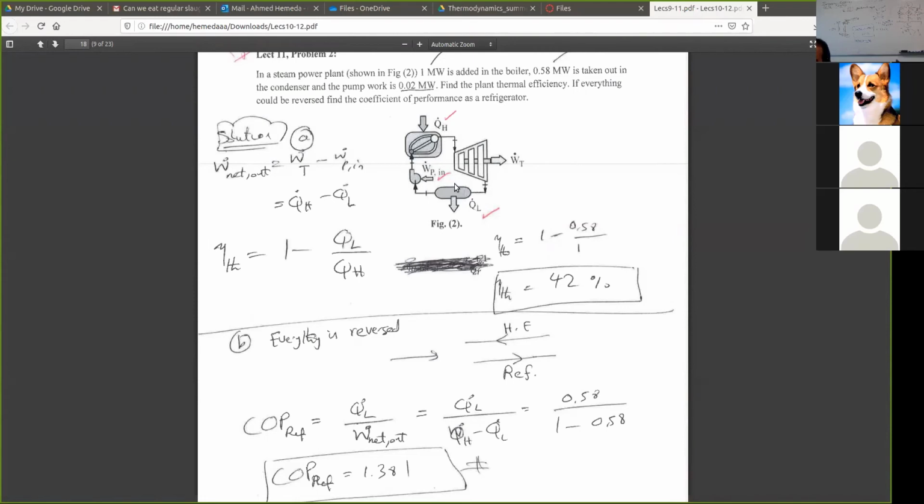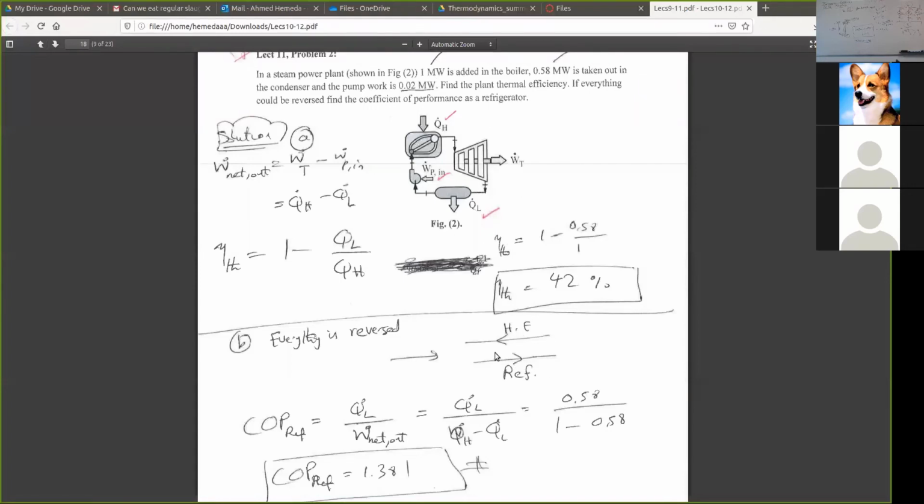So I took heat and dumped it out. Everything is reversed. The work is going in, the Q low is coming in, and the Q high is going out. So still, this plus this equals this, but everything is reversed. This arrow is inward. Forget about this: the whole W net is in, Q low is in, and finally the Q high is out. So the heat engine is like this.